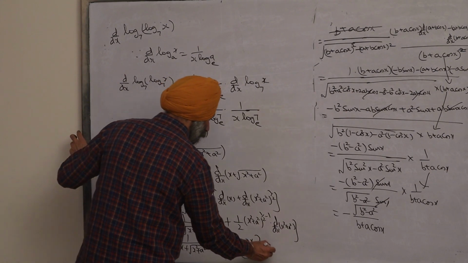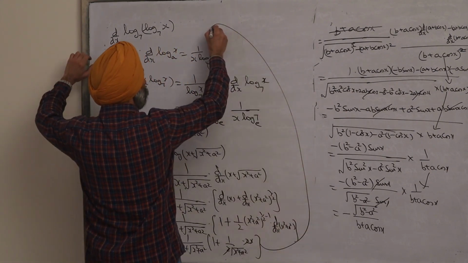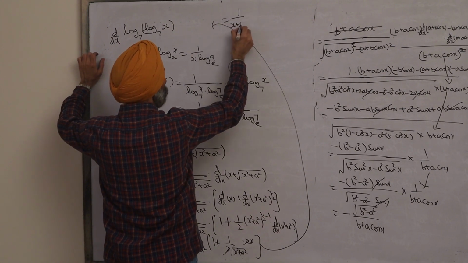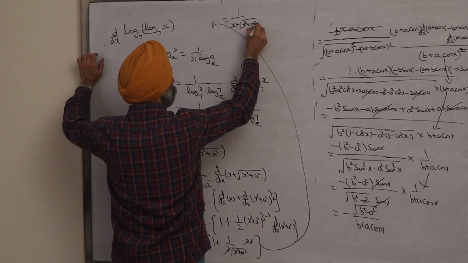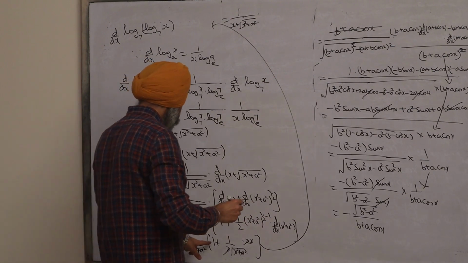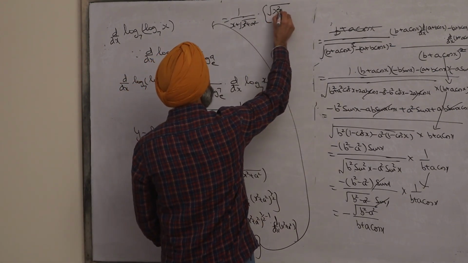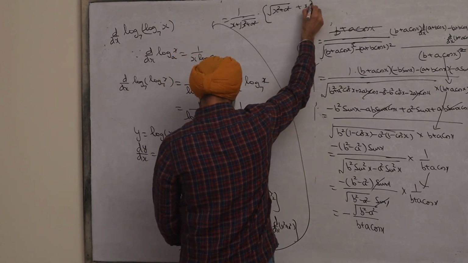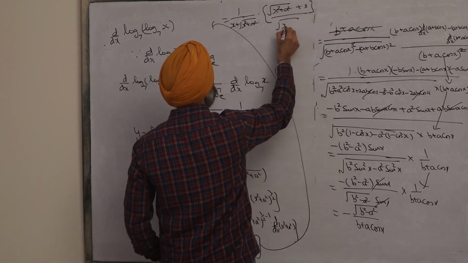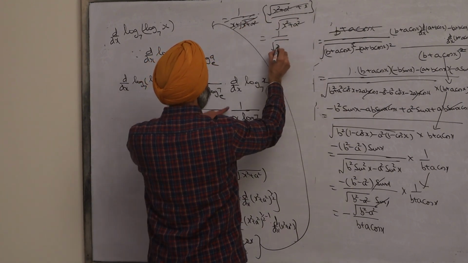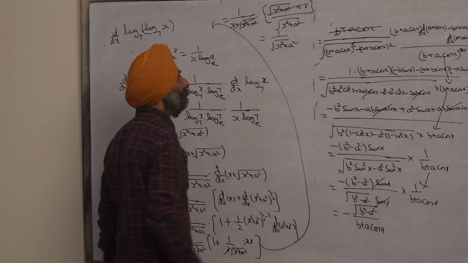So I am taking this step to the next step. You can see that it is 1 over x plus under root of x square plus a square into under root of x square plus a square plus x upon under root of x square plus a square, which is 1 over under root of x square plus a square.